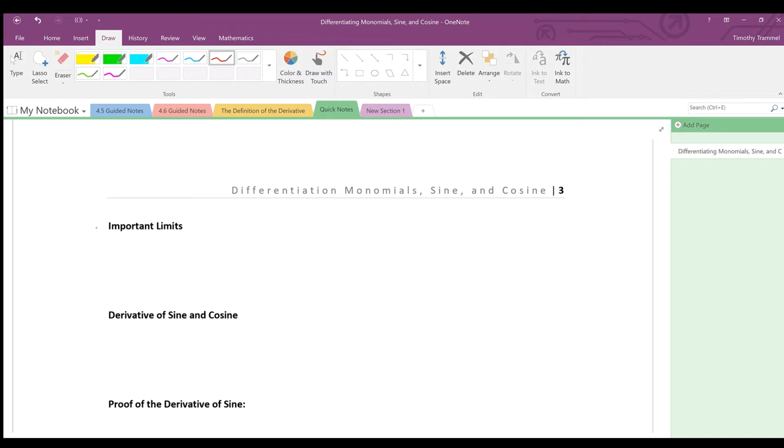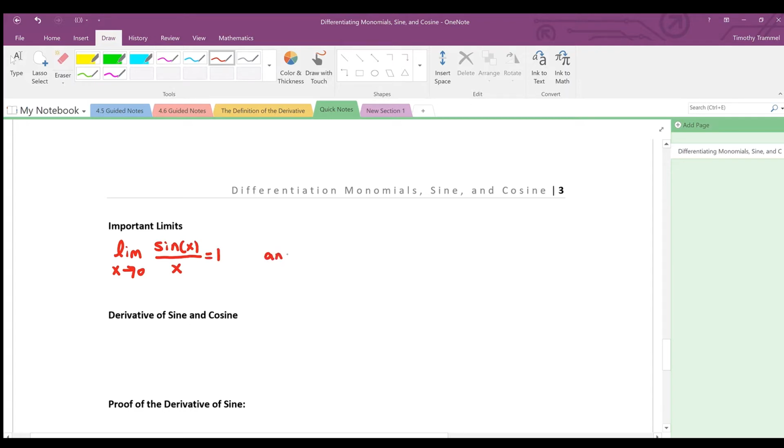Really, the last topic we have here are the derivatives of sine and cosine. In order to find the derivatives of sine and cosine, we're first going to need to know a couple limits. One of them is the limit as x approaches 0 of sine of x over x is equal to 1.